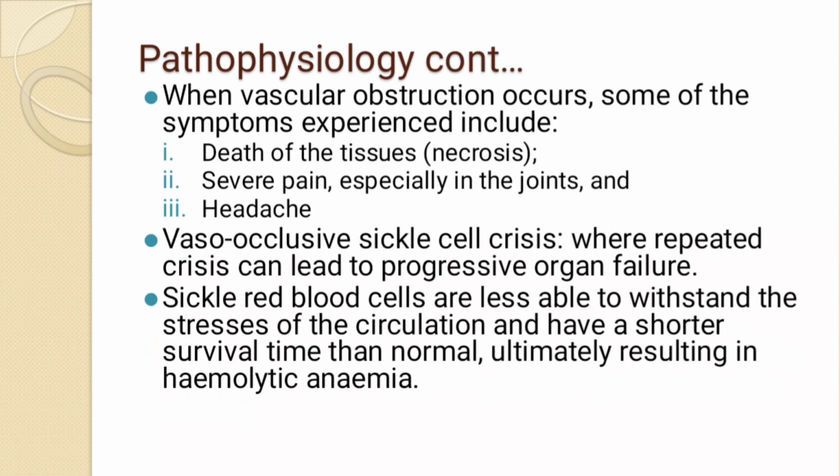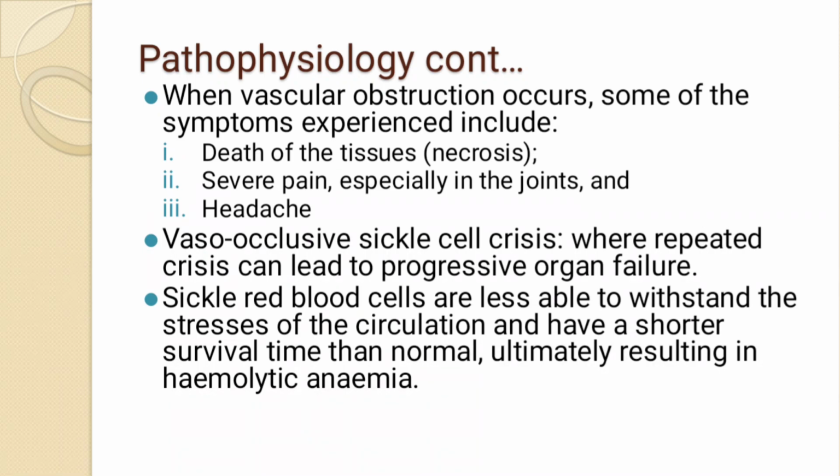When vascular obstruction occurs, some symptoms experienced include death of the tissues, necrosis, severe pain in the joints, headache. So vaso-occlusive sickle cell crisis can also occur when repeated crises can lead to progressive organ failure.